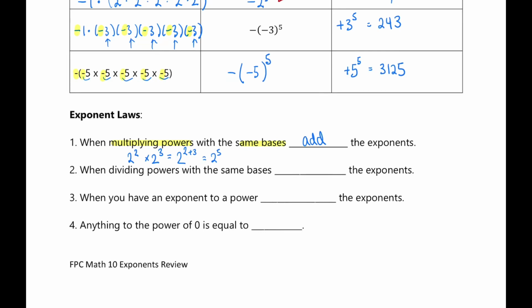Number 2, when dividing powers with the same bases, we subtract the exponents. For example, 2 to the power of 3 divided by 2 to the power of 1. So we have the common base, 2, and exponent 3 minus 1, which is 2 to the power of 2.